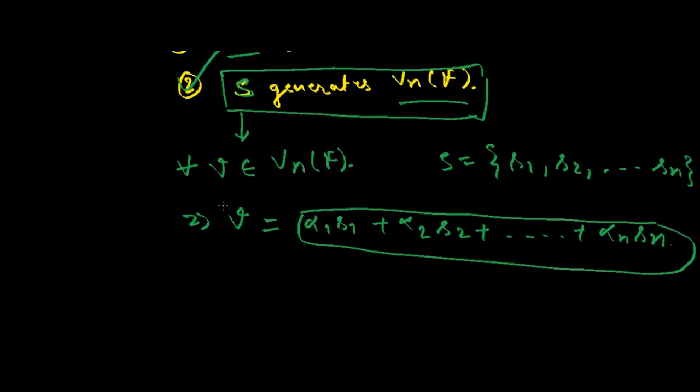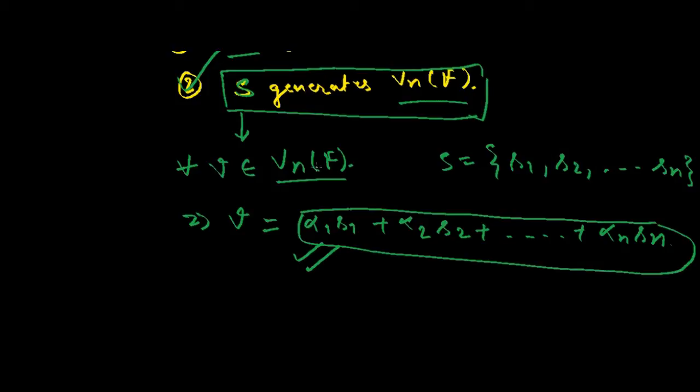So each and every vector of our vector space should be described as a linear combination of the elements present in our basis, okay?